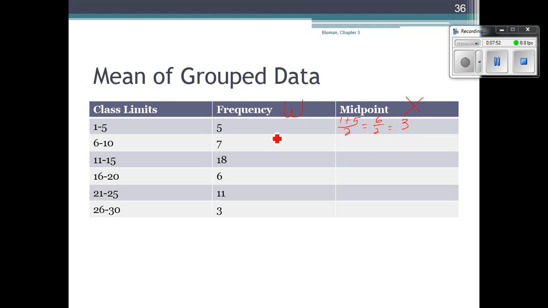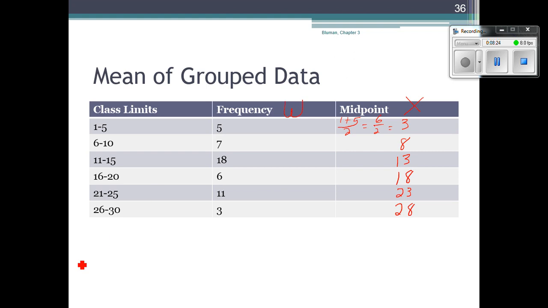And then you want to do the same for each one. 6 plus 10, 16, divided by 2, 8. 11 plus 15 is 26, divided by 2 is 13. 16 plus 20 is 36, divided by 2, 18. 21 and 25 is 46, divided by 2 is 23. 26 and 30 is 56, divided by 2 is 28. So now we have our X values.